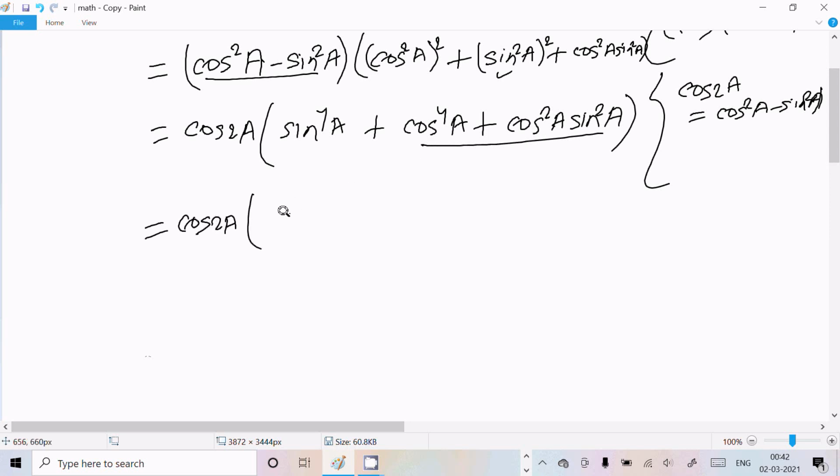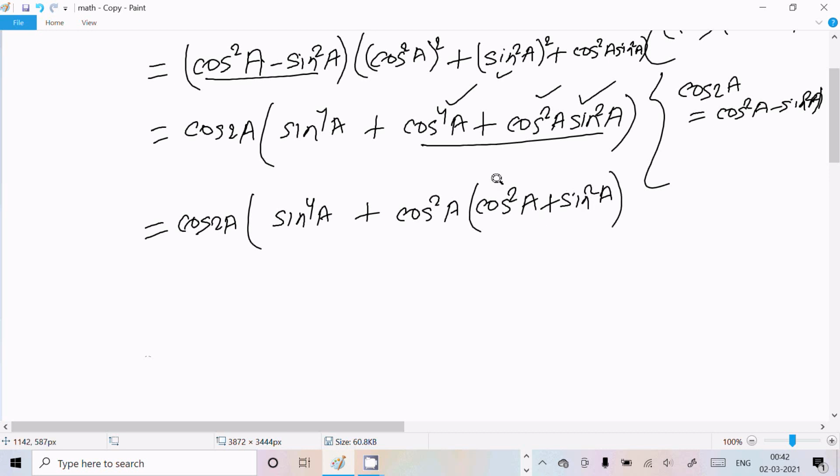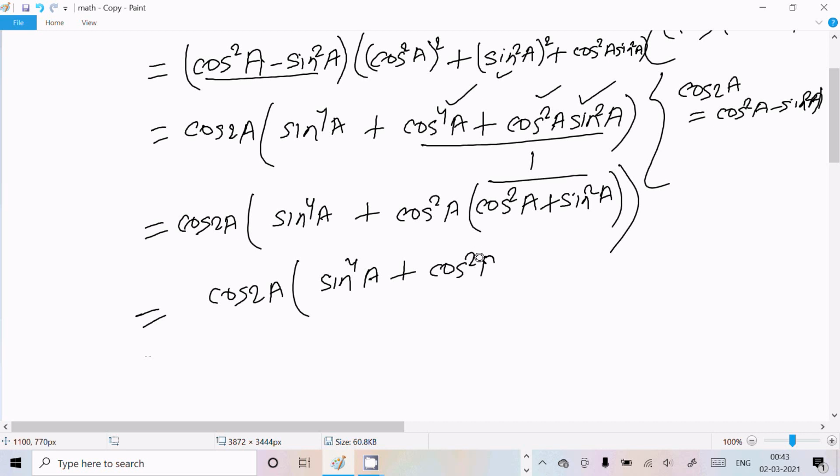So here writing cos 2a, sin^4 a, and taking cos^2 a common, cos^2 a is left, and here cos^2 a is common, sin^2 a comes. There is a formula cos^2 a plus sin^2 a, the value is 1. So write cos 2a, now hereafter sin^4 a plus cos^2 a, and this value is now 1, cos^2 a multiplied with 1, the value comes cos^2 a.